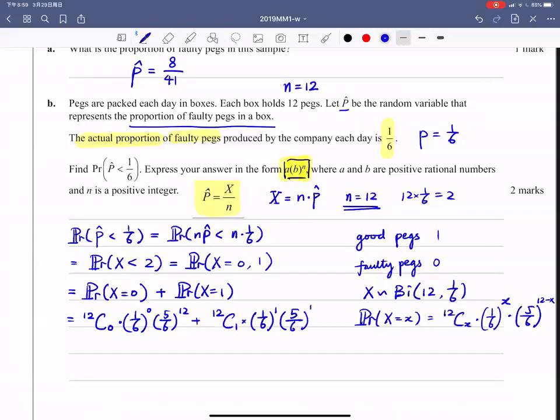I only have 11 good pegs and one faulty peg. 12 choose 0 gives you 1. Then that's 1 times 5 on 6 to the power of 12, plus 12 times 1 on 6, 5 on 6 to the power of 11.